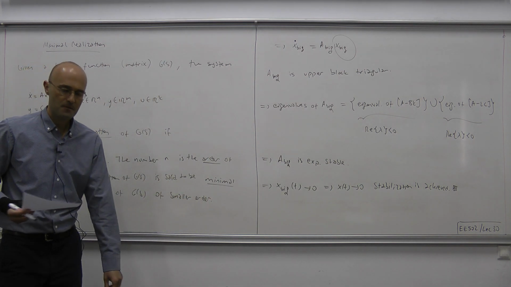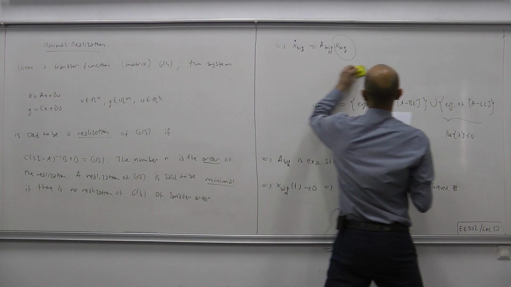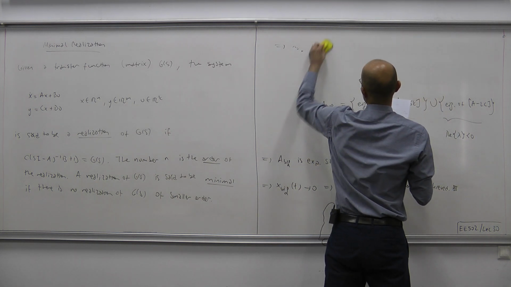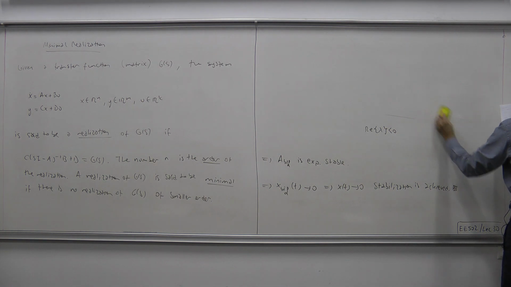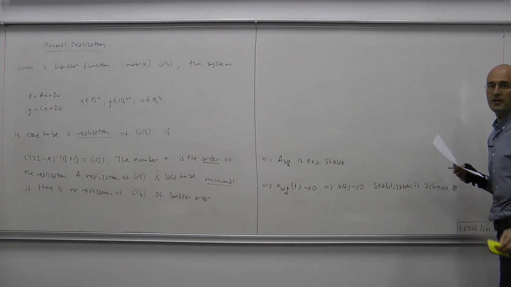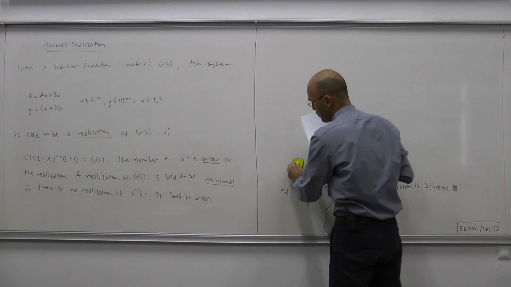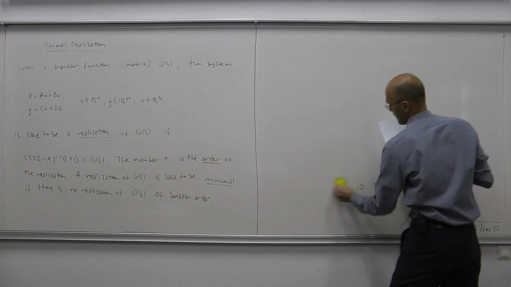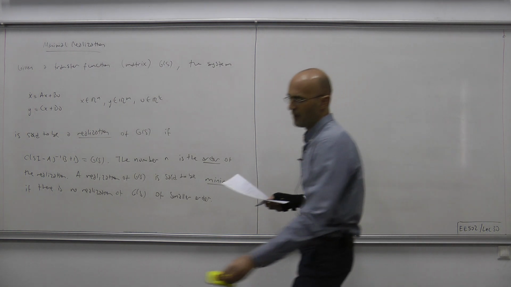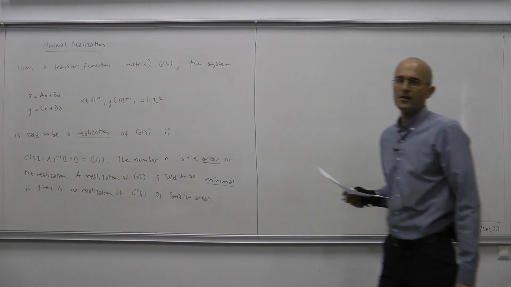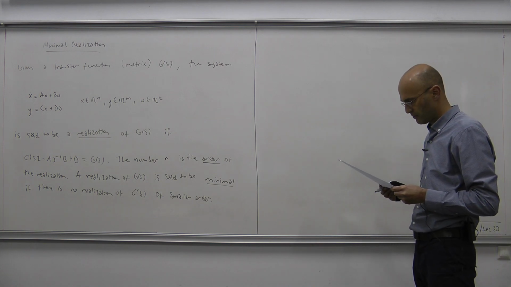Okay, now here are two important results regarding this realization business, which will connect the transfer function to the concepts of controllability and observability of the system. And by system I mean the state space system, that's given by that state space representation.